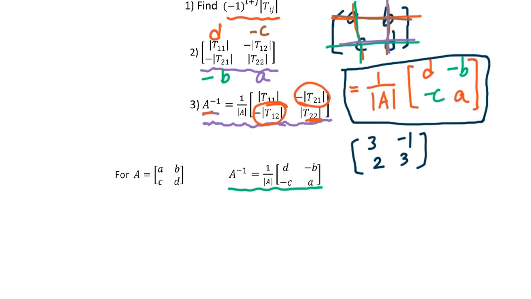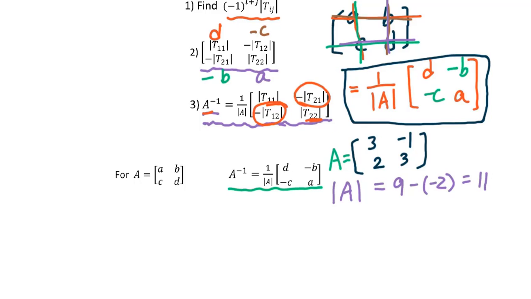Let's figure out the inverse matrix of this example. First step, we will figure out the determinant. That will be 9 minus negative 2, which equals 11.